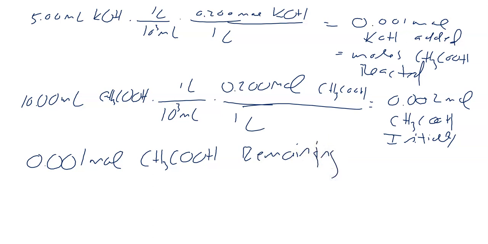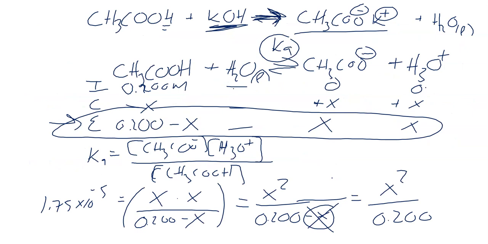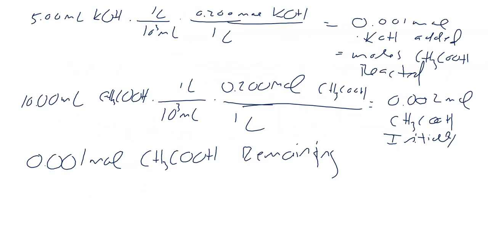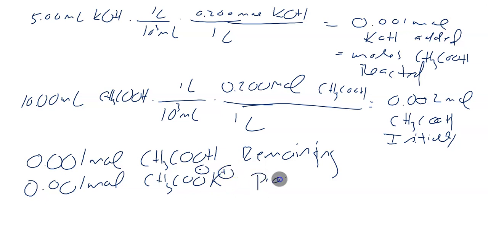The thing to note here, let me go back a slide, is that when we add the KOH, it reacts with the weak acid, and the new part for this is that we generate a conjugate base. So let's look at that salt, potassium acetate, because we also generate 0.001 moles of CH3COO minus produced or generated, however you want, it's the product.